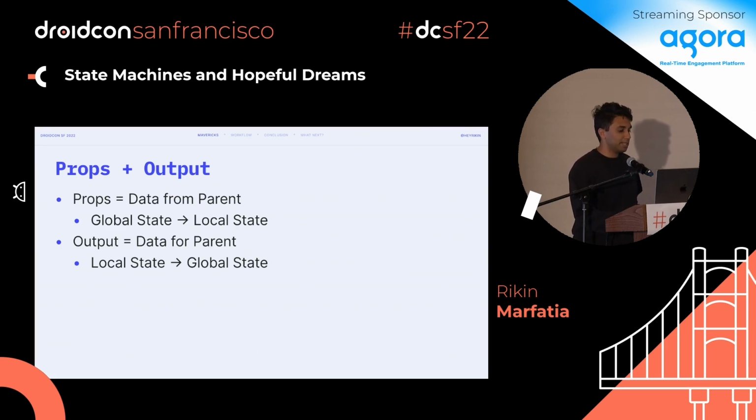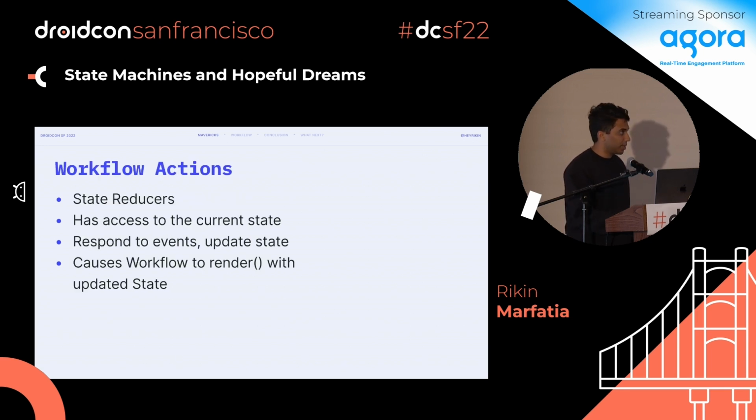So the way I would do it is I initialize my child workflow and I pluck out that local state from that global state and pass it down as props. And then similarly, when I want those state updates to propagate back to the global state, I can have that child workflow emit output, and that output can then be consumed by the parent and update the global state.